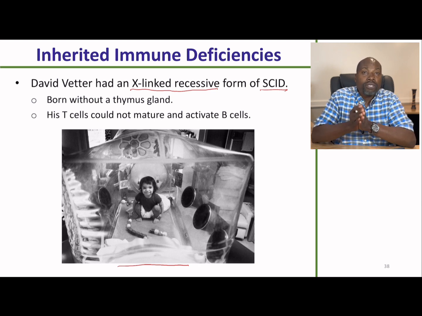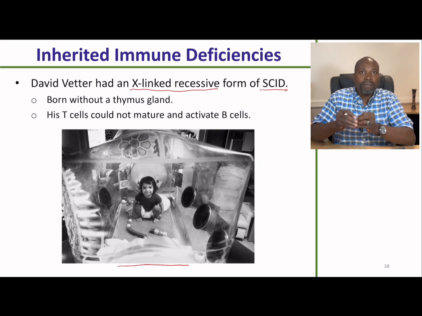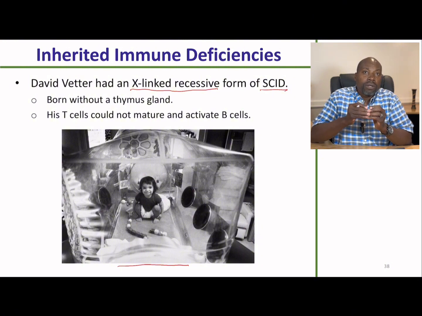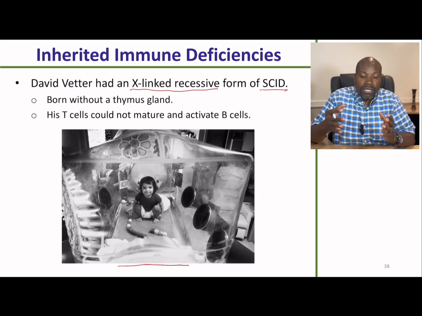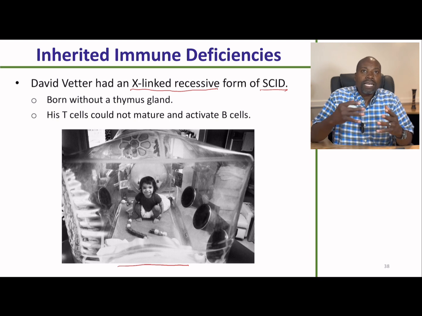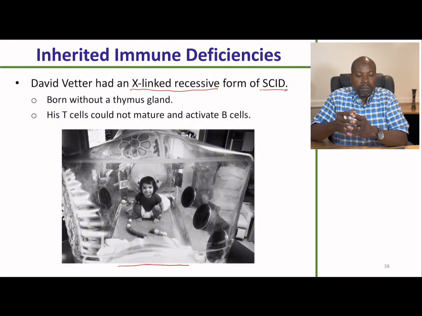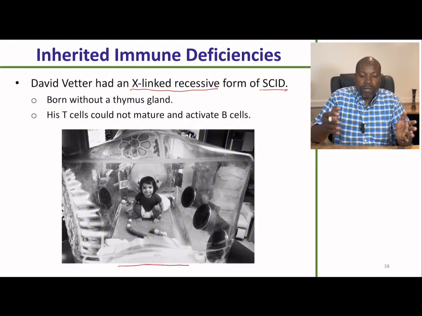And you know that the thymus's role is to allow our white blood cells to learn the difference between self and non-self. With the T cells not being able to learn the difference between self and non-self, this child is completely unable to mount an immunity that protects him against infectious particles, including bacteria and viruses.